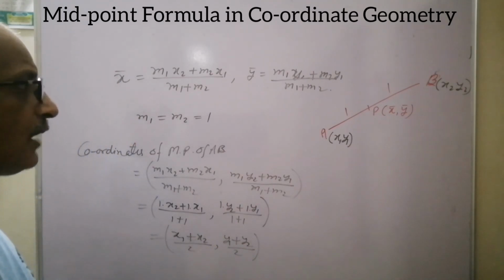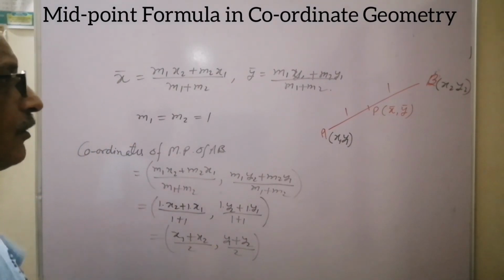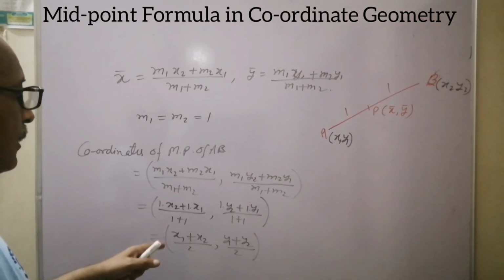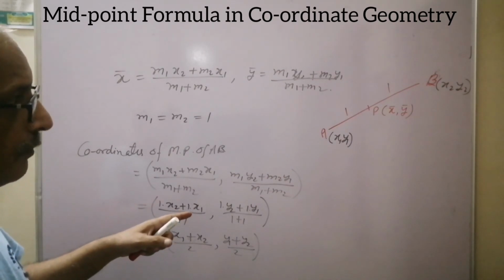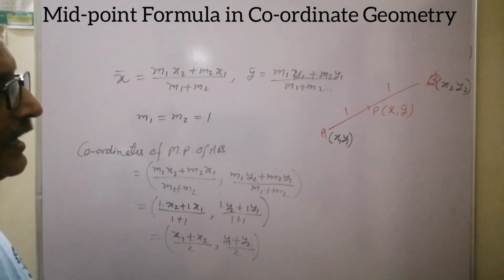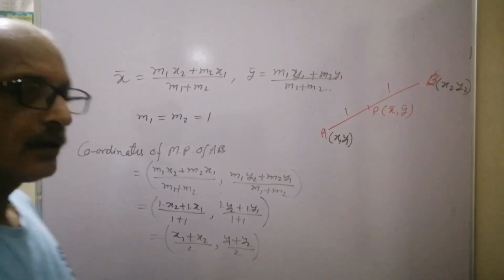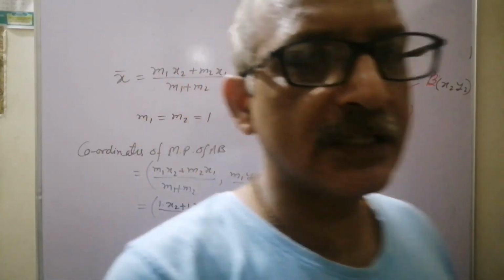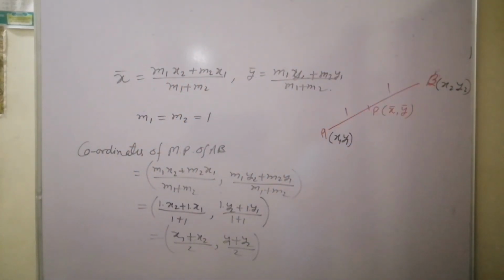This is the midpoint: the coordinates of the midpoint of a line segment AB if the coordinates of A and B are given. So we can solve so many questions. I am going to take an example.